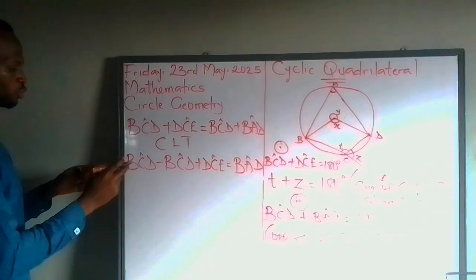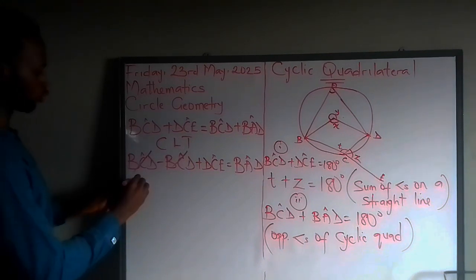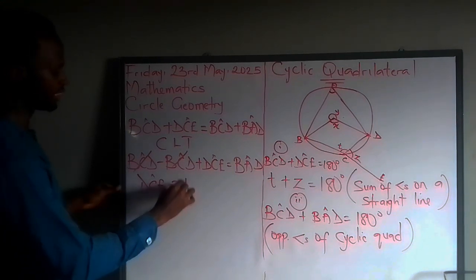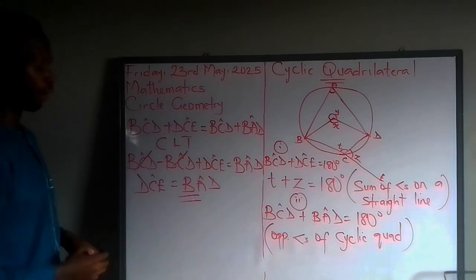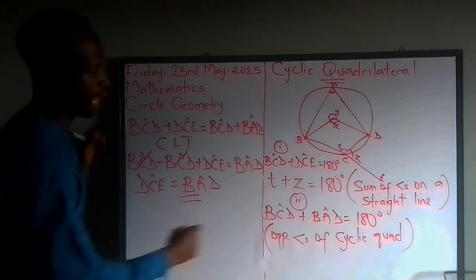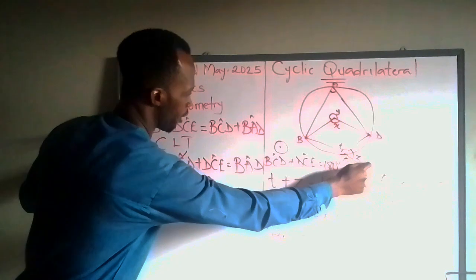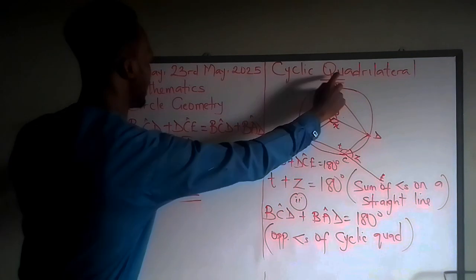So BCD minus BCD gives 0. So we are left with angle DCE, which is equal to angle BAD. Angle DCE, which is the angle at Z, is equal to angle BAD.